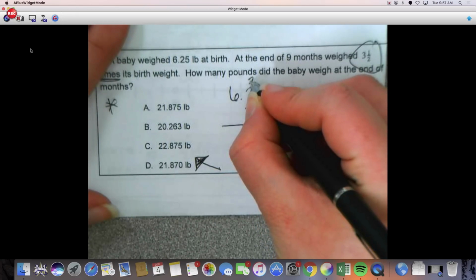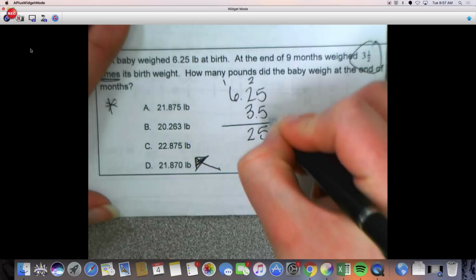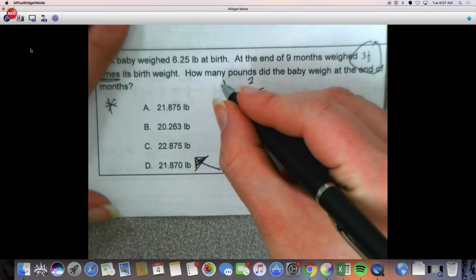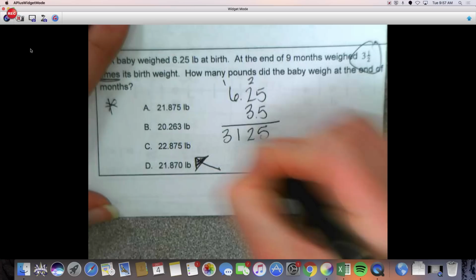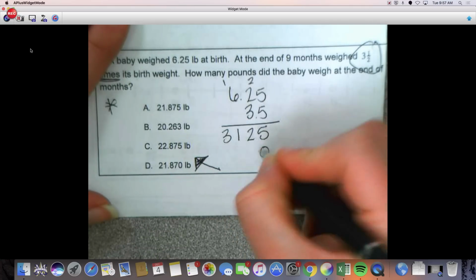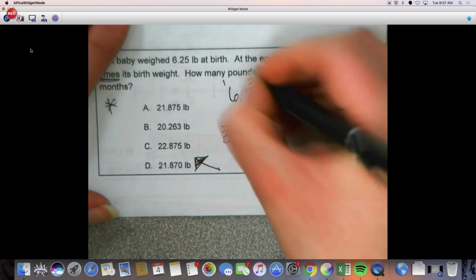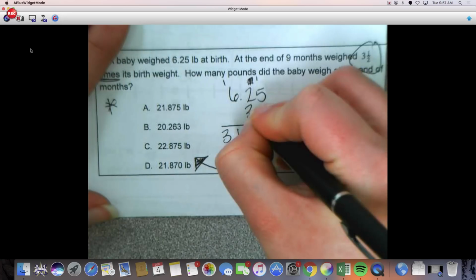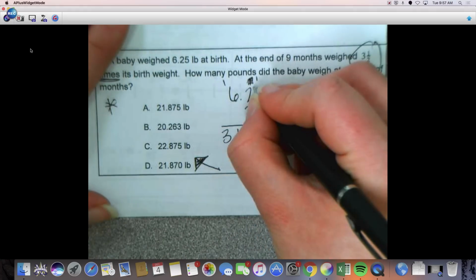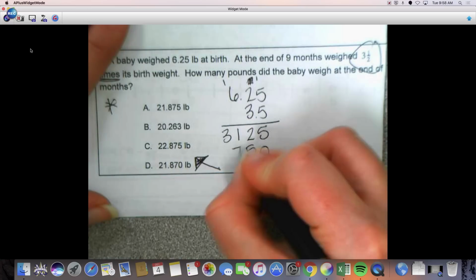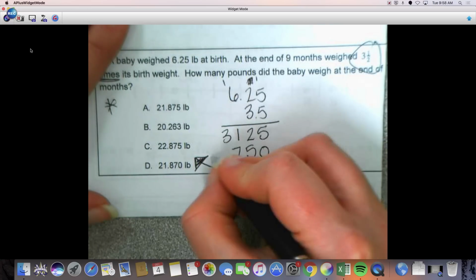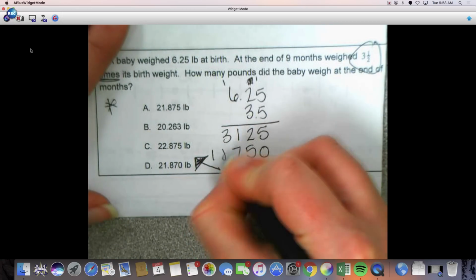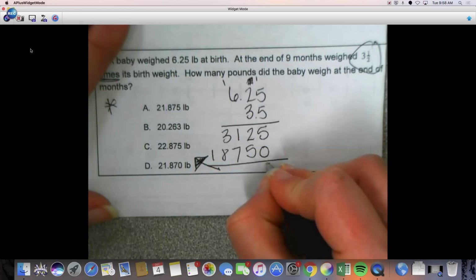Plus 2? 12. What is 5 times 6? Plus 1? I add my 0. What's 3 times 5? What's 3 times 2? Plus 1? 7. And what's 3 times 6? 18. So I add them up.